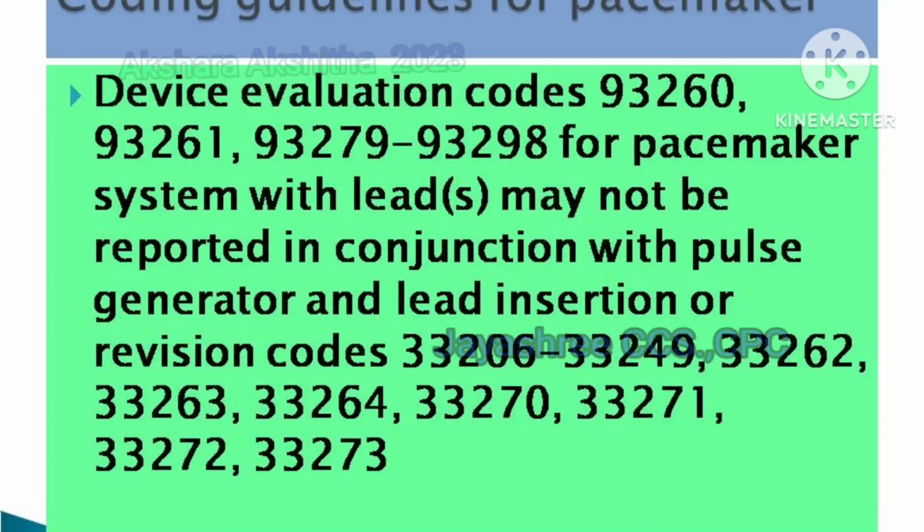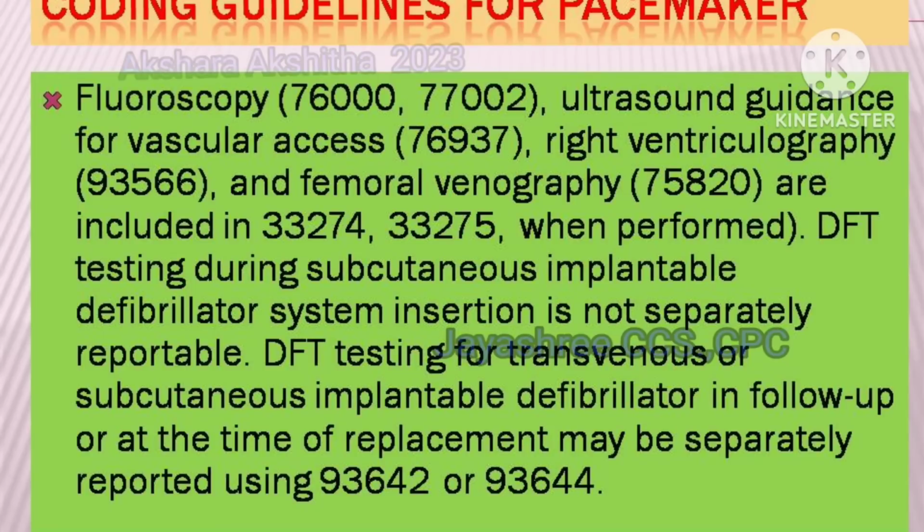Next, whenever the doctor is performing fluoroscopy, ultrasound guidance, ventriculography and femoral venography, these services are also included in 33274 and 33275, that is leadless pacemaker insertion. So these procedures are included in 33274 and 33275. So all of these you can find in our CPT book.